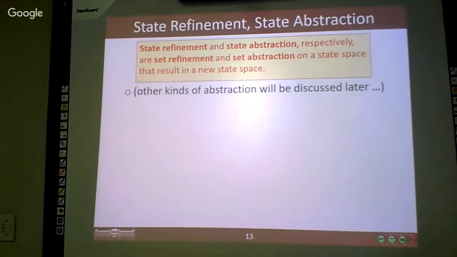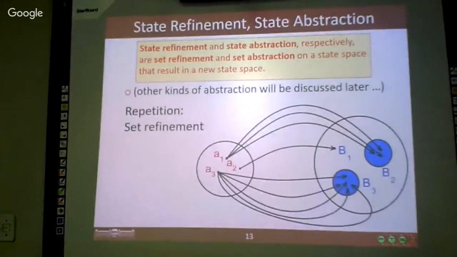And we have to define the state refinement and state abstraction properties. State refinement and state abstraction are respectively set refinement and set abstraction on the state space that result in a new state space. So you can imagine that you have this abstract state space and you refine it to more states.